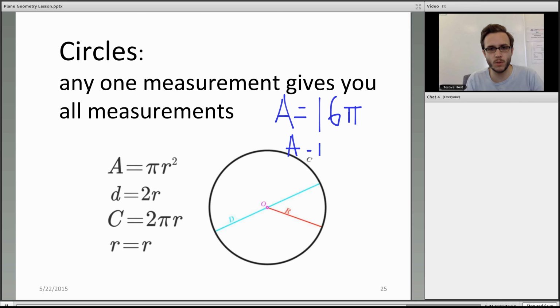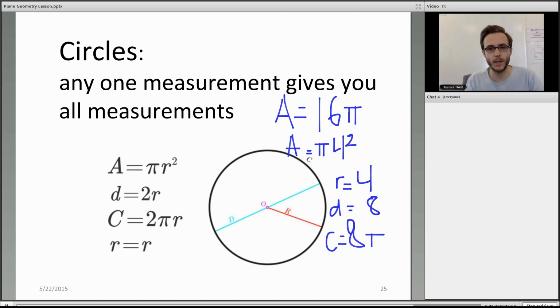So pi times r squared, and I know the square root of 16 is 4, so pi times 4 squared would mean that 4 is r. So if r equals 4, now I can figure out any of these. I know the diameter is going to be 8 because diameter is just twice the radius. I know that the circumference is going to be 2 times pi times r. So 2 times r is 8, so it's just going to be 8 pi.